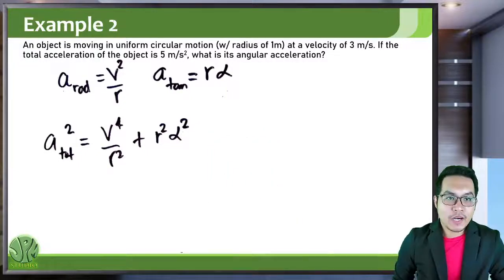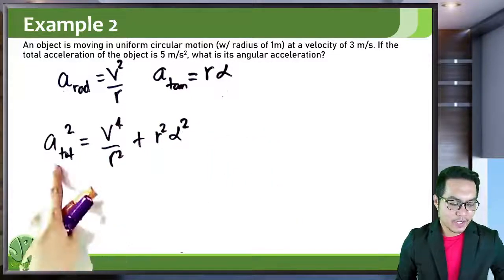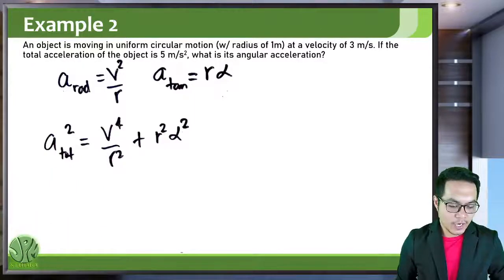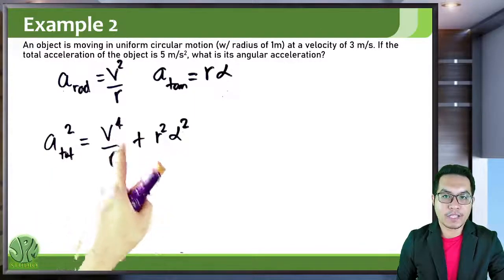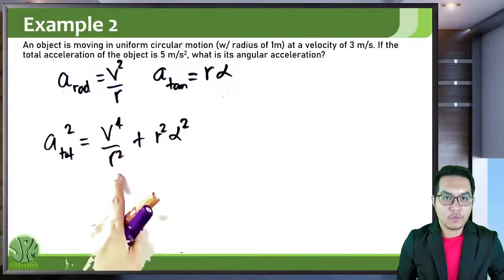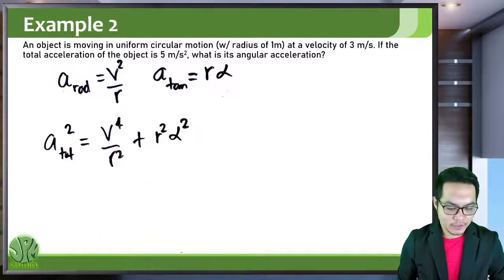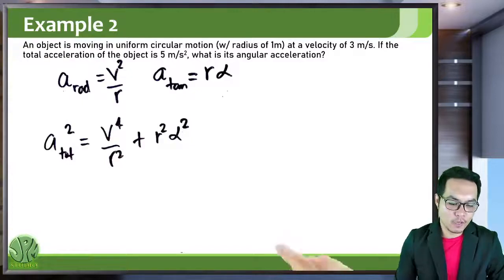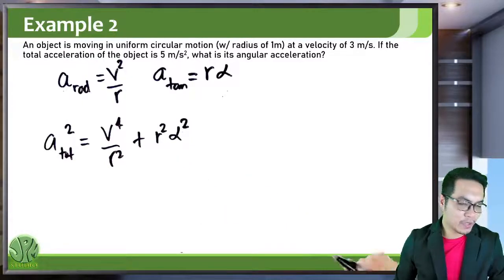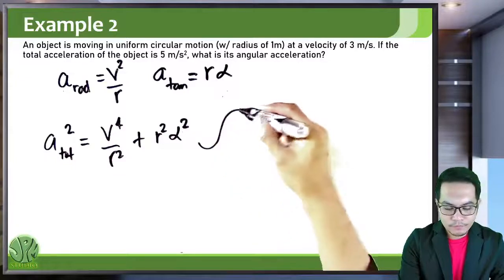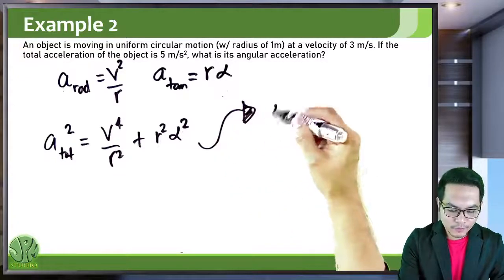Okay, we are given the total acceleration of the object, a total. We are given the uniform tangential velocity. We are given the radius, 1 meter. We are asked to solve for alpha. So this is now solvable. Only one unknown in this equation. So I will leave the derivation to you.